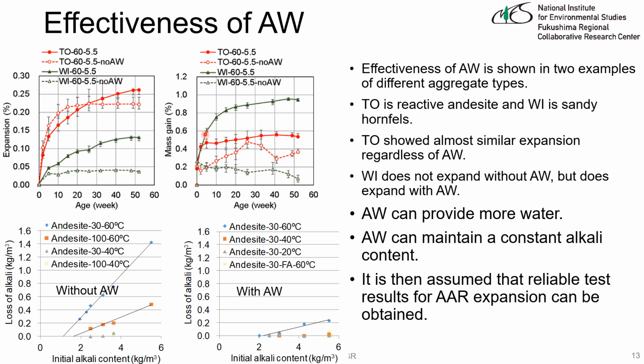In this figure, mass gain, that means water absorption, indicates, as you can see, that by wrapping, a sufficient amount of water can be supplied, but without wrapping, it is very difficult to supply water, even when specimens were kept in a humid chamber.